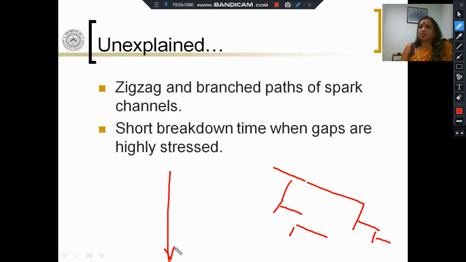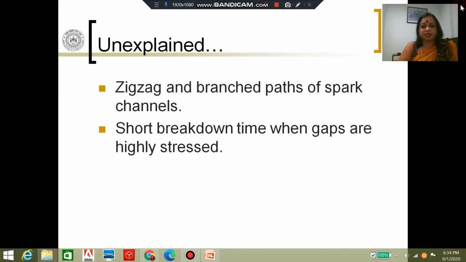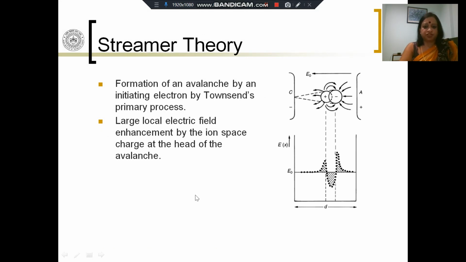And Townsend breakdown mechanism does not give me any explanation of why such a path should be visible. So that means there are certain things that Townsend's breakdown criteria cannot explain, which leads us to believe that there might be some other processes taking place which cannot be explained using Townsend's breakdown mechanism. Maybe there is some other mechanism which is in operation.